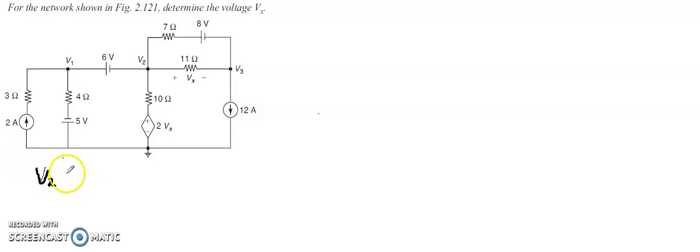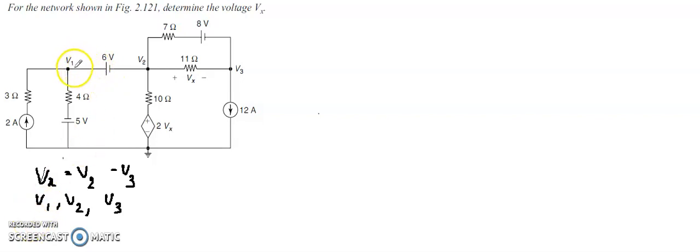Here we have three unknowns, V1, V2 and V3, and Vx, which is V2 minus V3. So to find Vx we have to find V2 and V3. So we will begin with the KCL equations.